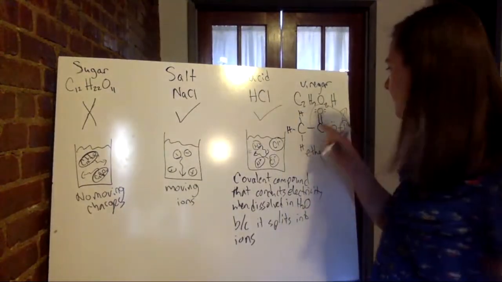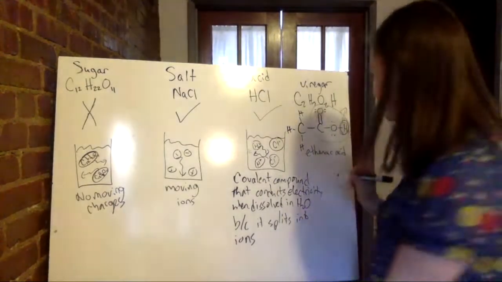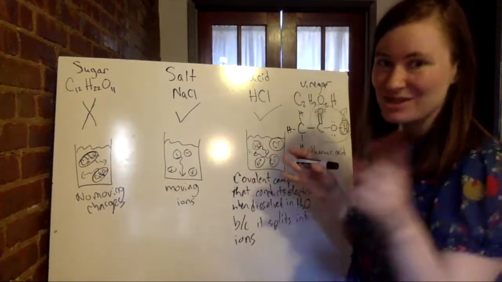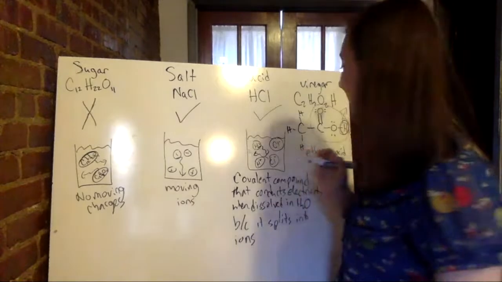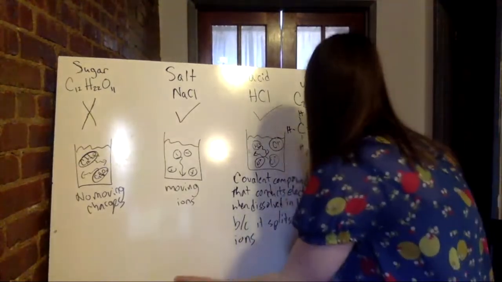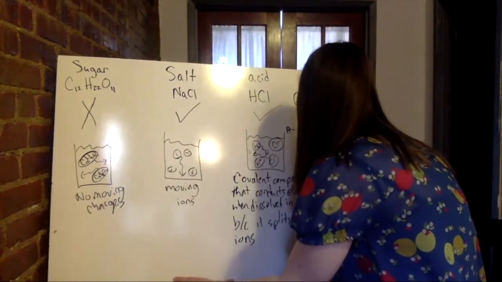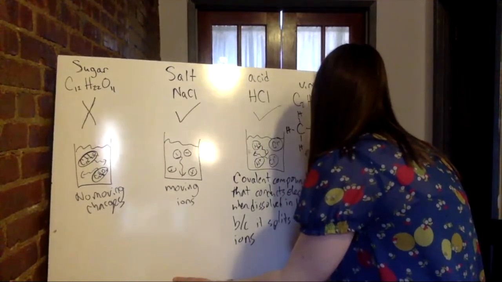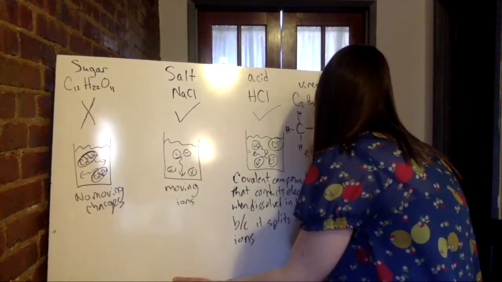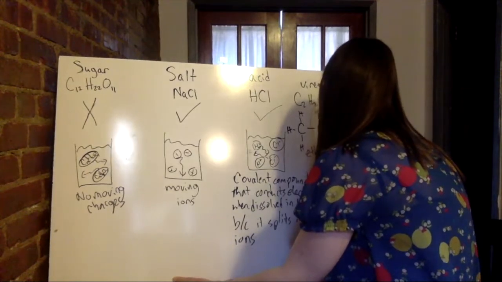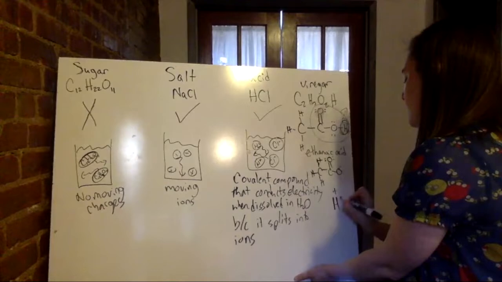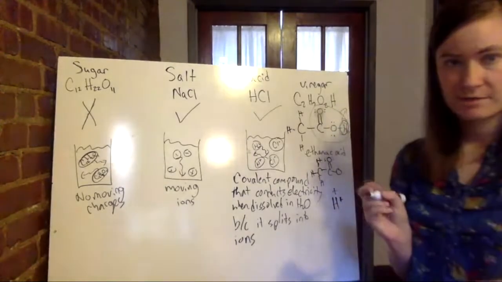And what you're going to end up with is a separate CH3COO, which if you remember from your polyatomic ions, that's acetate, and then H plus separate. So you're going to end up with CH3, C double bonded to oxygen, single bonded to oxygen, and then a separate H plus floating around.